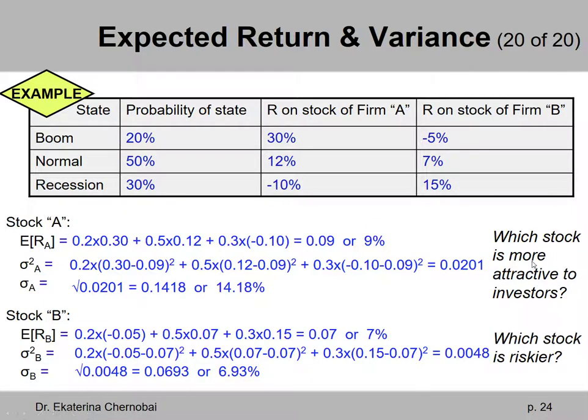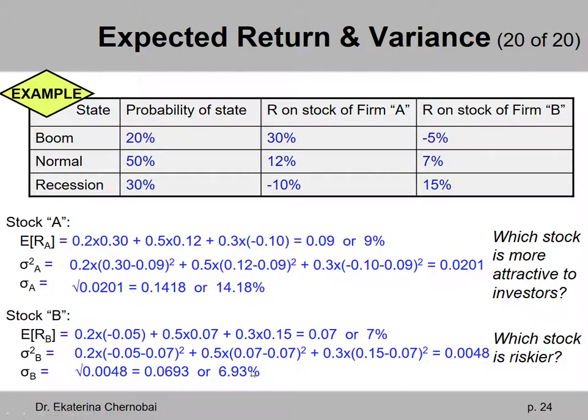However, you can also compare the amounts of risk of the two stocks. If you compare the values we got for the standard deviations, the standard deviation for stock A is 14.18%, and the standard deviation for stock B returns is only 6.93%. Which one is better? It's lower for stock B, which means lower fluctuations in actual returns, which means less uncertainty about what the return may be every year.